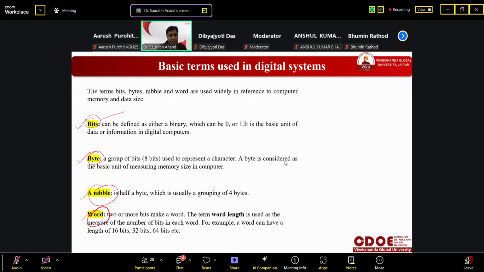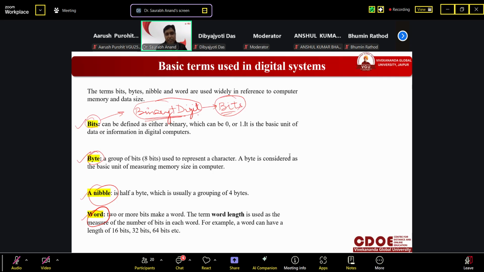So what is bit? It is nothing but the binary digit. It is made up from these two words, binary and digit. So binary and digit becomes bit. It is the combination of binary and digit.